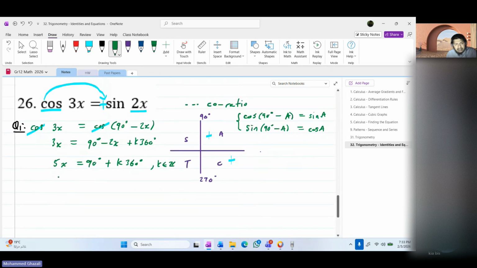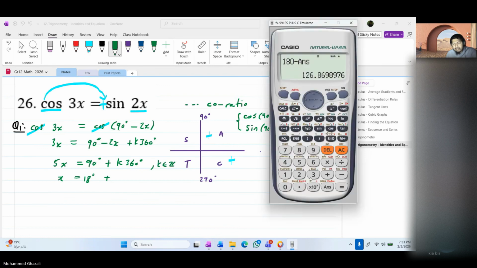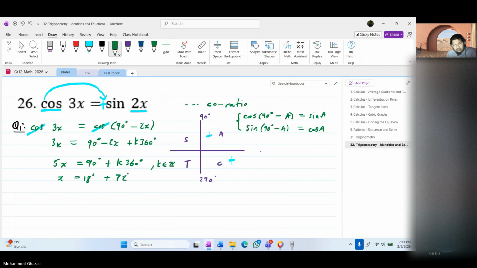We divide everything by 5. So x is equal to 18 degrees plus K times 360 divided by 5, which is 72. So this is only one general solution.